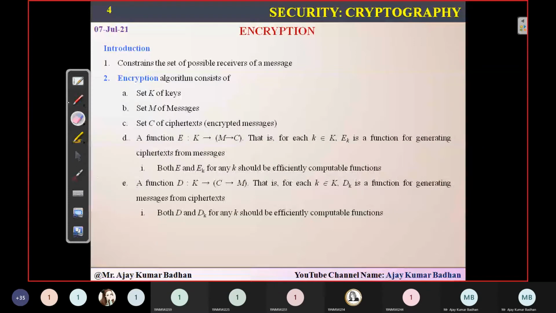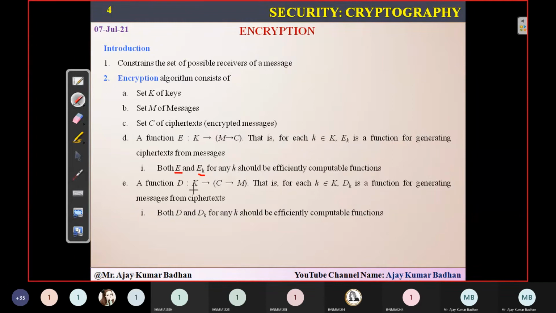E_k means that you implement the encryption function using one of the keys from the set of keys. This is a sufficiently computable function, so we can easily compute this.